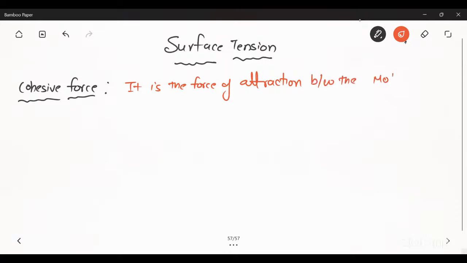For example, water mixed with water, or juice mixed with water; all are examples of cohesive force.